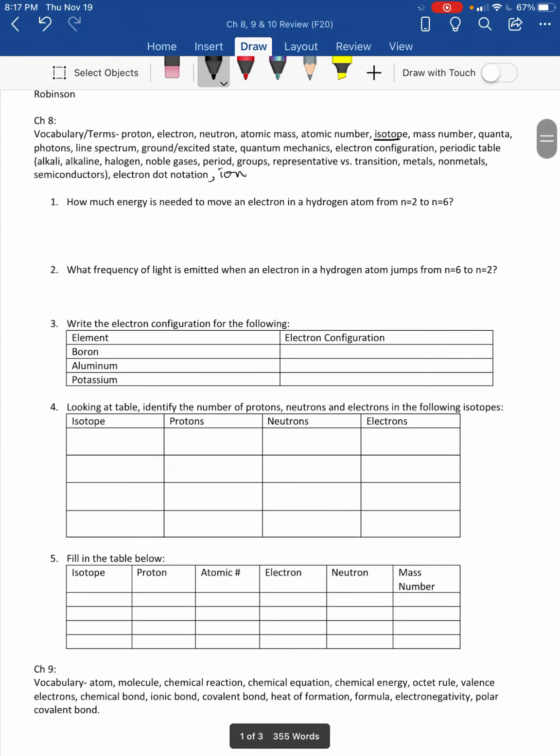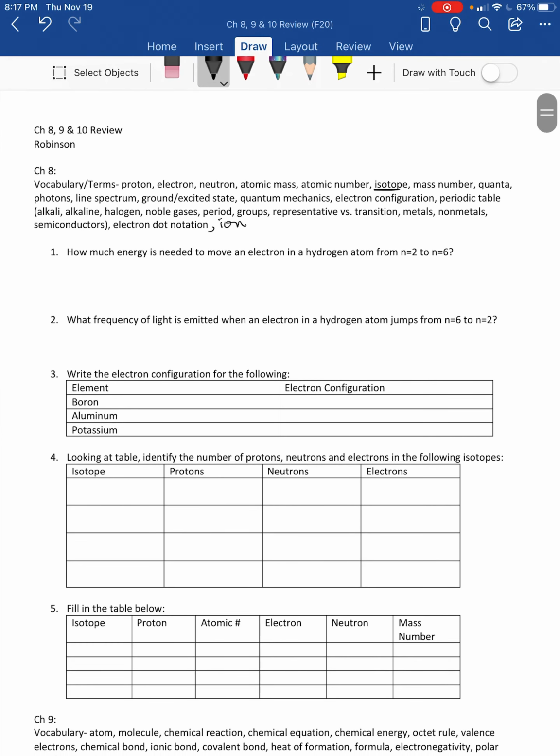No. Okay. So just remember that an isotope is something that has different numbers of neutrons. So for instance, if you had hydrogen 1, you could also write it like this.